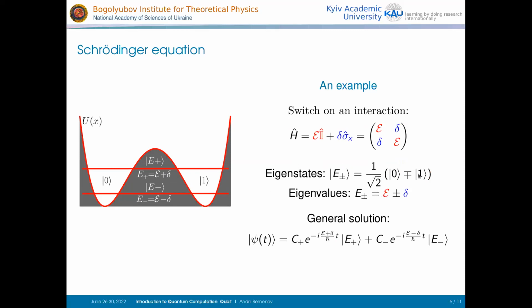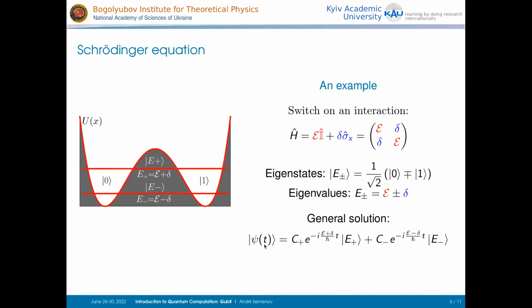Eigenstates are like this: 1 over root 2, (0 plus or minus 1). But look, now we have not one eigenvalue but two eigenvalues: epsilon minus delta and epsilon plus delta. One corresponds to one energy level, another one corresponds to another energy level.